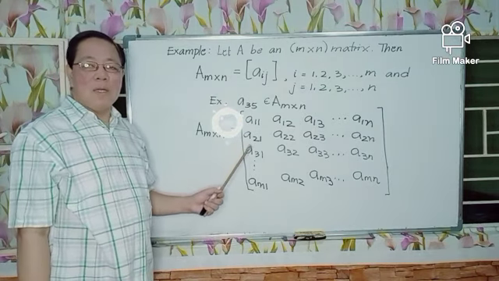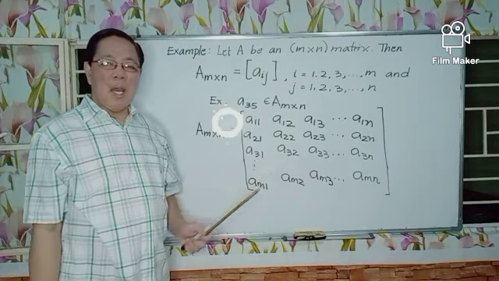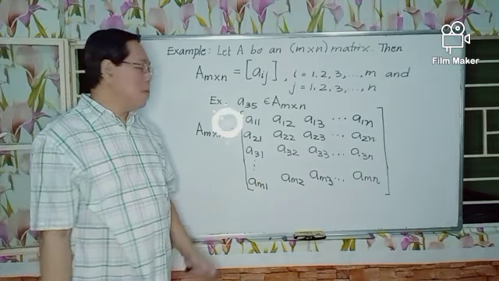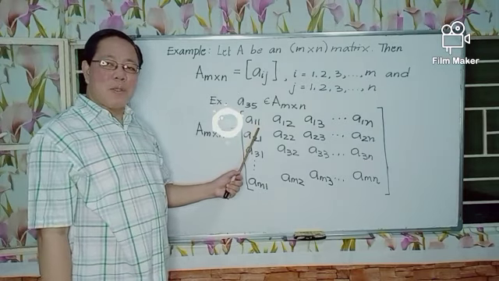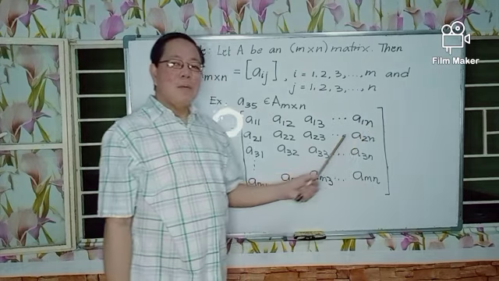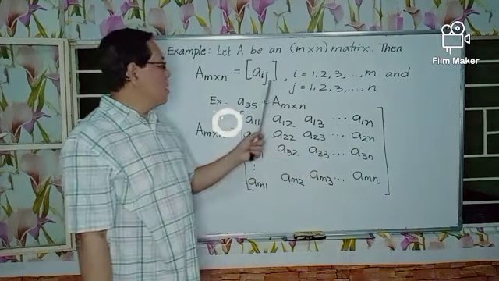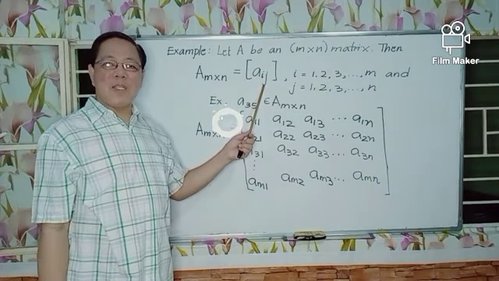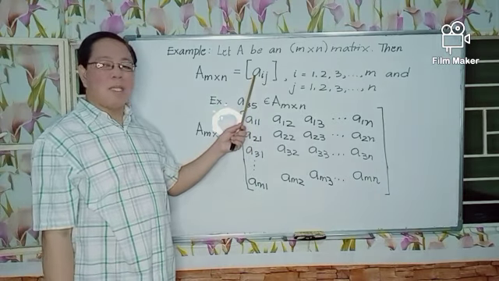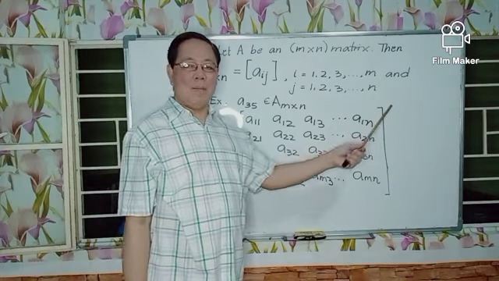If you count the second subscript of the entries of each row, like in the first row we have 1, 2, 3, up to n, which means that matrix A has n columns. Hence, the second subscript j of this entry, A sub ij, goes from 1 to n.